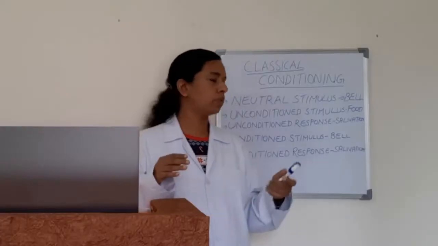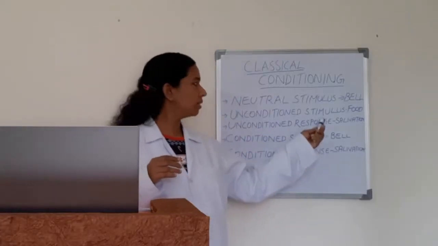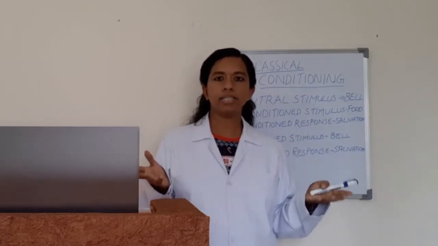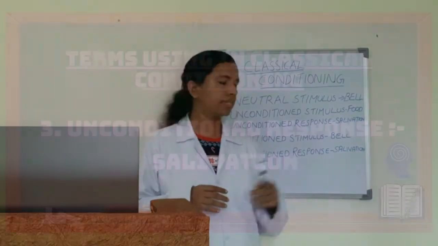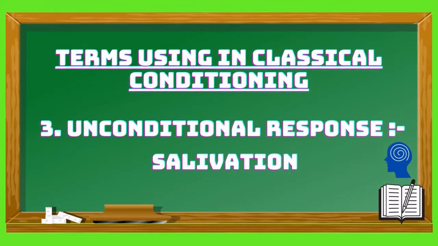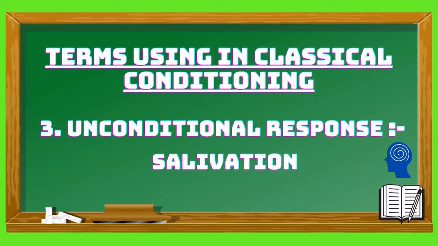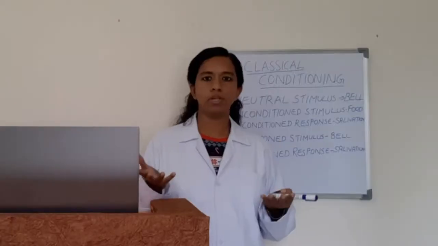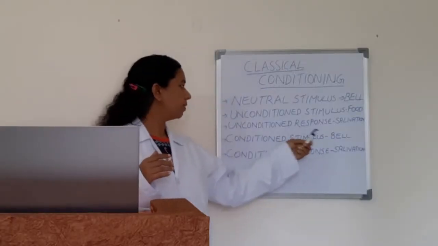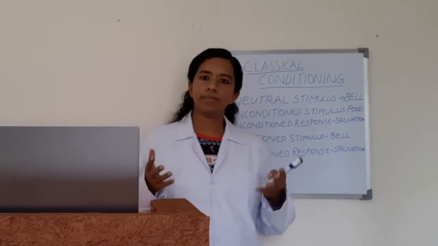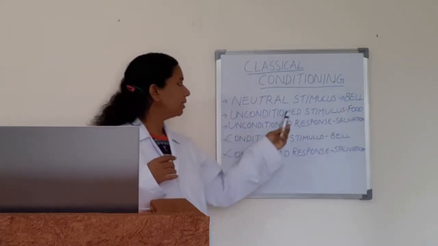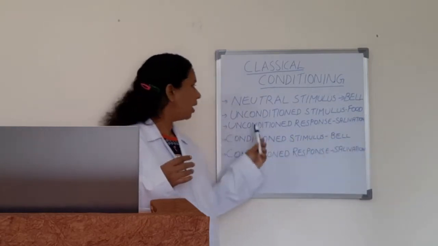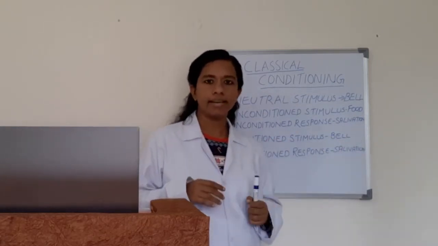That is a natural response, so food is an unconditioned stimulus. The next term is the unconditioned response, that is salivation. The food causes a response that is unconditioned, which is the natural response from the body of the dog. So the neutral stimulus is the bell, the unconditioned stimulus is the food, and the unconditioned response is the salivation.